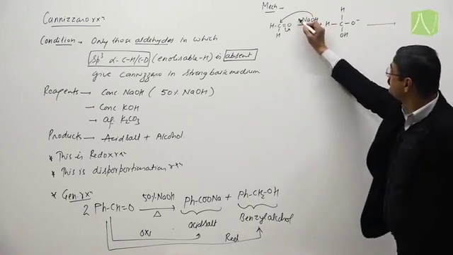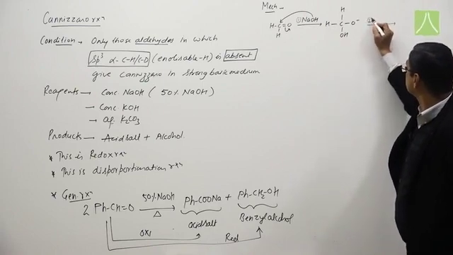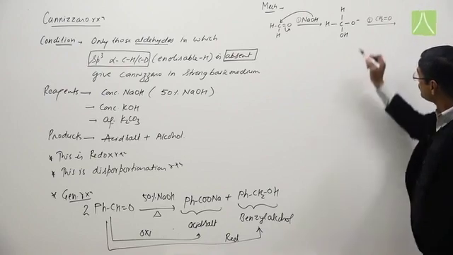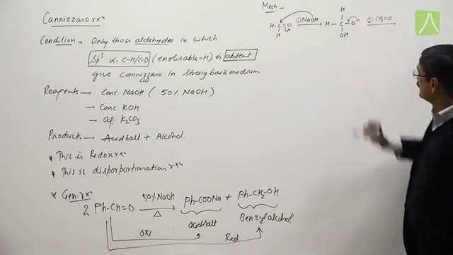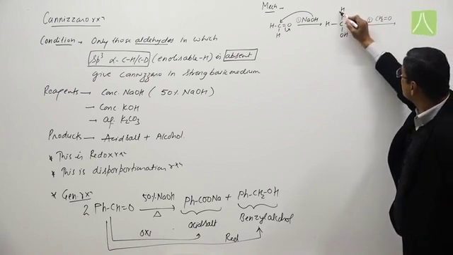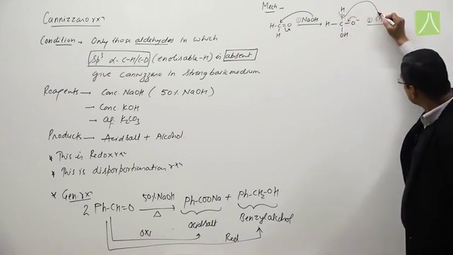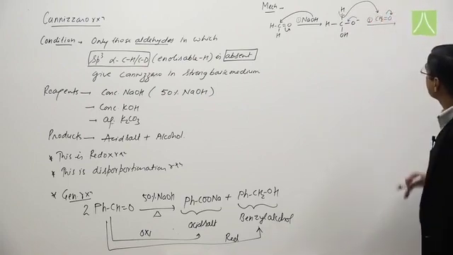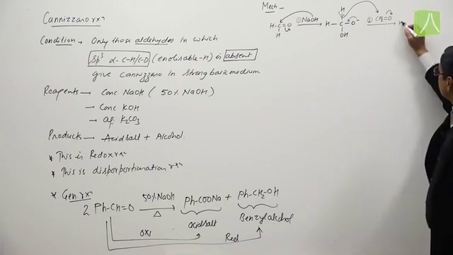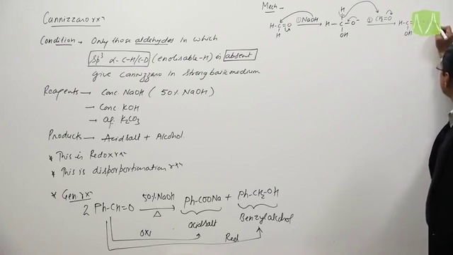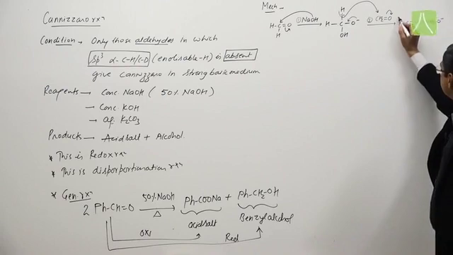In the second step, again a second molecule of aldehyde is taken. When this negative charge converts into a pi bond, one hydrogen shifts with its electron pair to the other aldehyde group directly. HCOOH, this is the acid, and CH3O minus, this is the alkoxide.